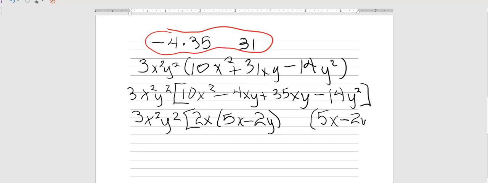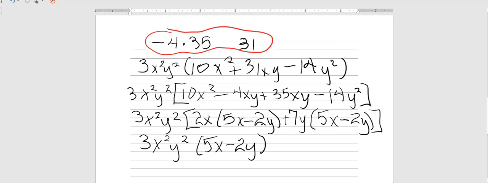So there's got to be a GCF that I can factor out of the last two terms that also multiplies by 5x minus 2y. And I see that that's a positive 7y. Positive 7y times 5x gives me positive 35xy. Positive 7y times negative 2y gives me negative 14y squared.